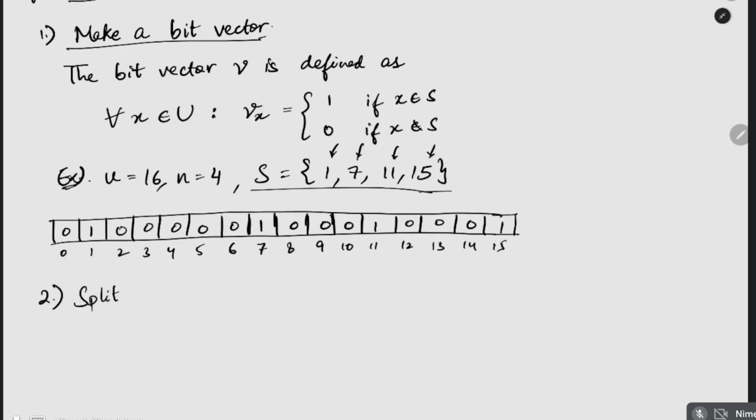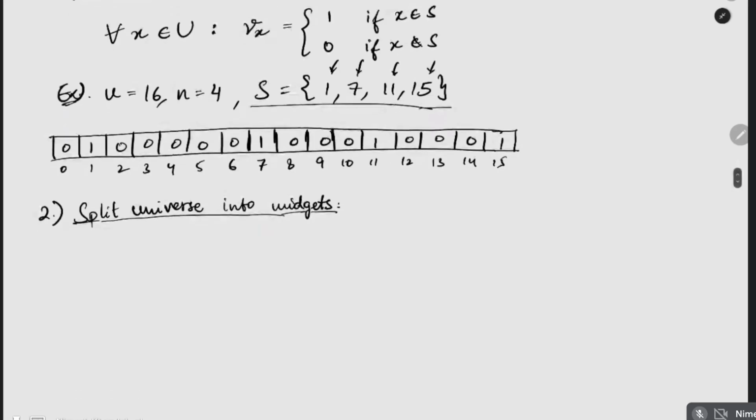Okay. And the next step in forming the Van Emde Boas data structure is to now split the universe into widgets, right? And what's the size of the widget?